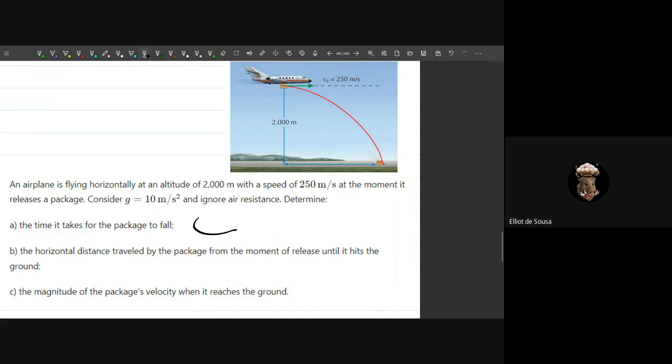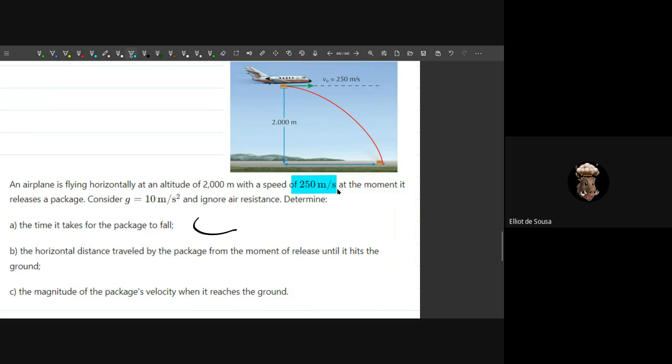Is the V0 the initial velocity? You need to tell me which dimension you are speaking about, because this value here is for the x dimension, right?